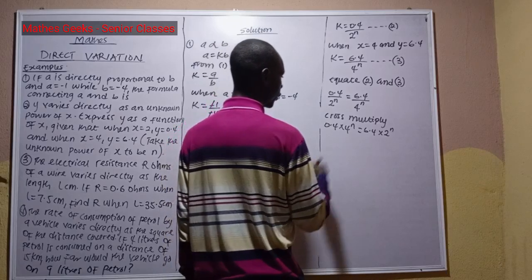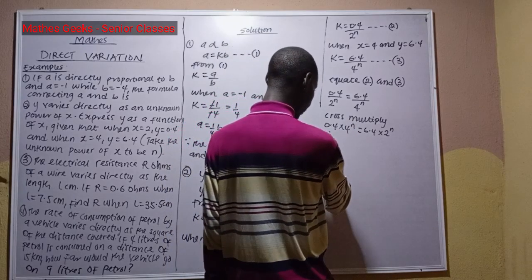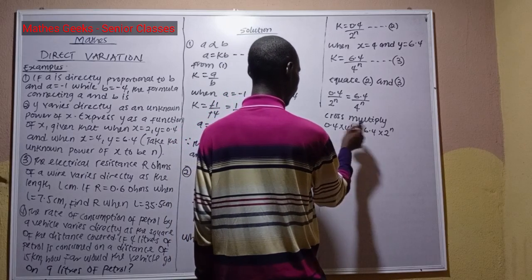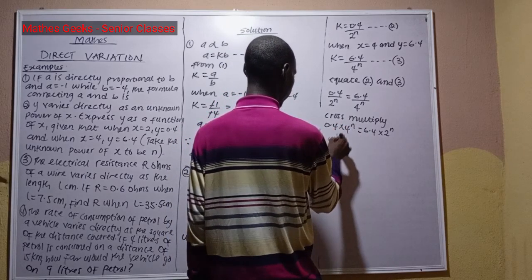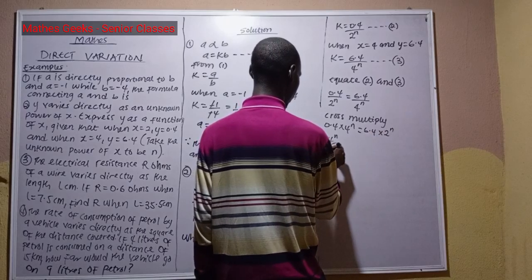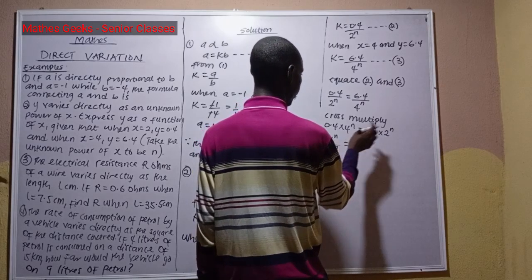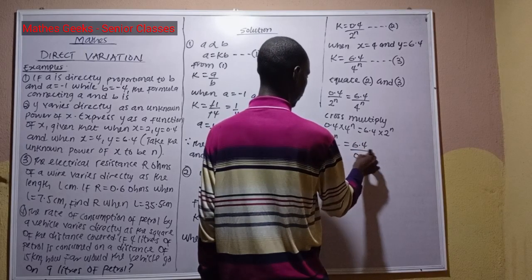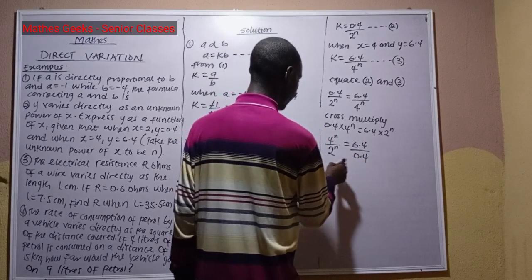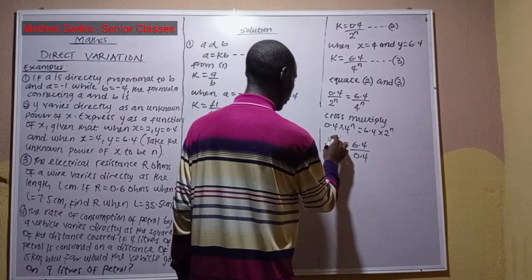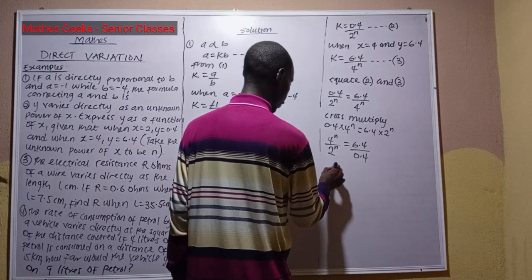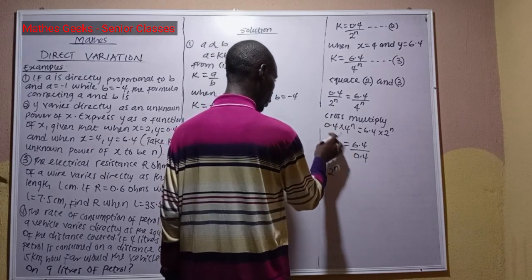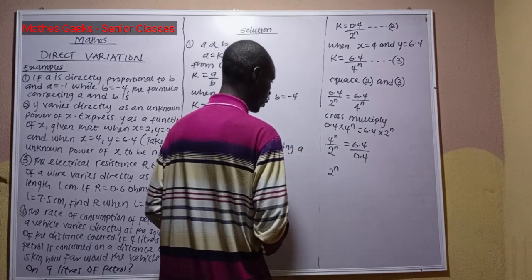The next thing I'm going to do is divide both sides. So 4 raised to the power of n divided by 2 raised to the power of n is equal to 6.4 divided by 0.4. So this will give us 2 raised to the power of n, because 2 into 4 will give us 2.